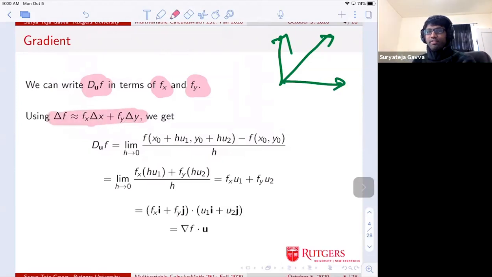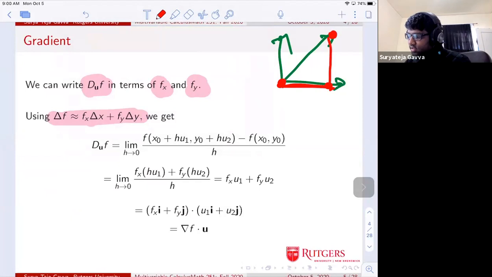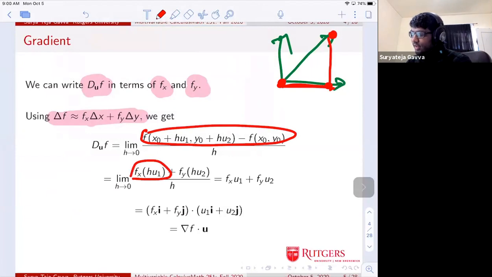So the change of f as you move from here to here is the same thing as you compute the change from here to here and then compute the change from here to here. And then you add them up. So in fact, if you take that limit, the change is nothing but fx times the change along the x-axis plus fy times the change along the y-axis.